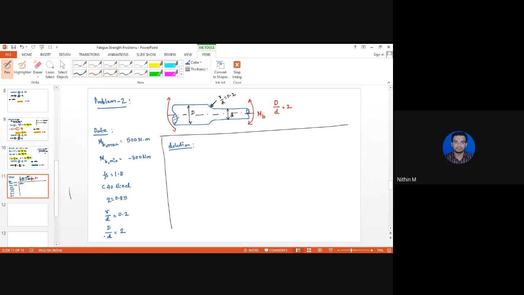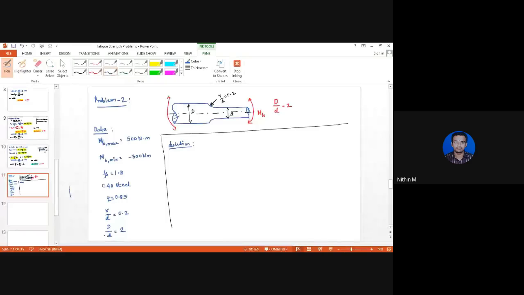Again, the problem is quite similar to the problem that we had solved previously. In the previous case we had a plate with reduction in its width. Here we have a shaft with reduction in diameter. So the type of component is different; remember this. Second, in the previous case we were supposed to determine the thickness.